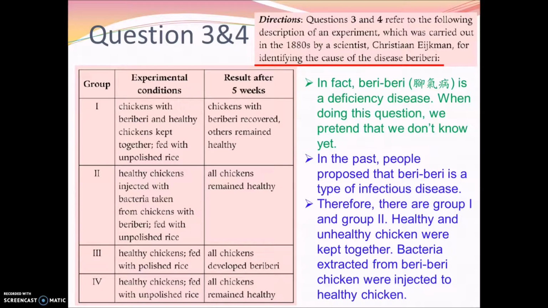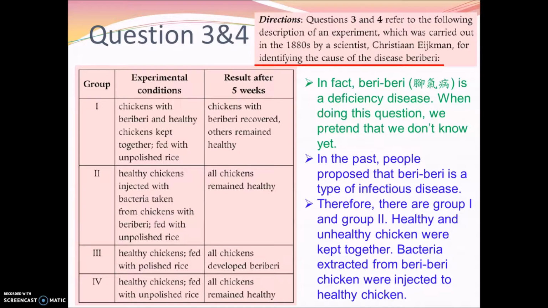We keep the healthy chickens and the unhealthy chickens which are suffering from beriberi together, and they are also fed with unpolished rice. Unpolished rice means the seed coat of the rice has not yet been removed. And for the other one, it is polished rice, which means the seed coat is removed.